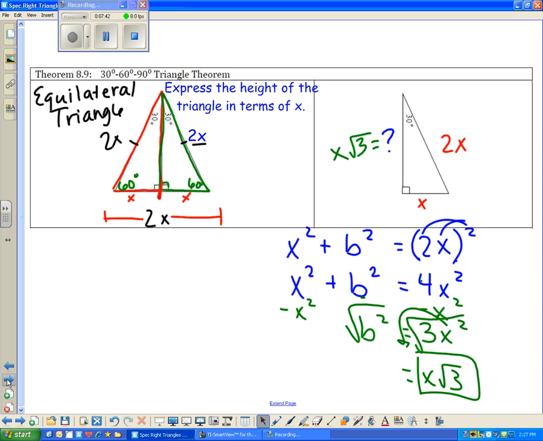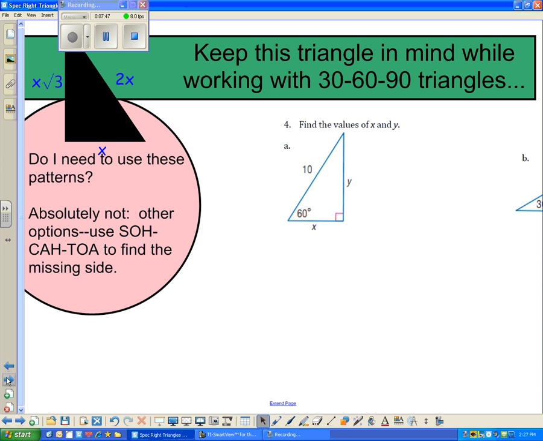Now I can use these patterns in numbers 4, a, and b to figure out what side is missing. So in this case, I know the hypotenuse, which is equal to 2x. Well, if I know the hypotenuse is 2x, then I have 2x equals 10. I can divide by 2 and get x equals 5, which means this has to be 5.